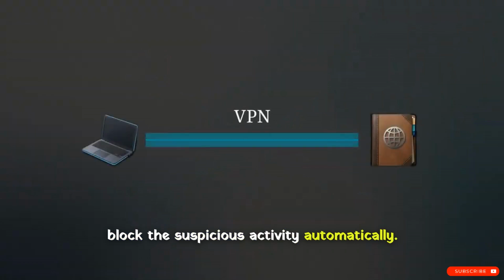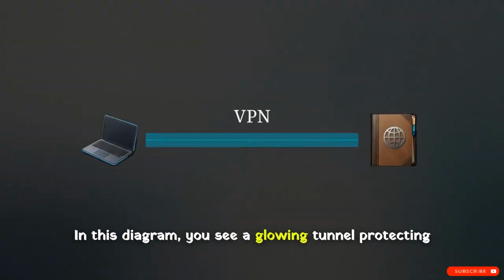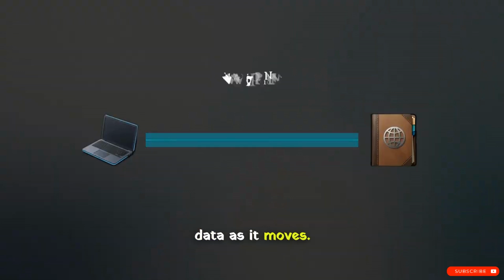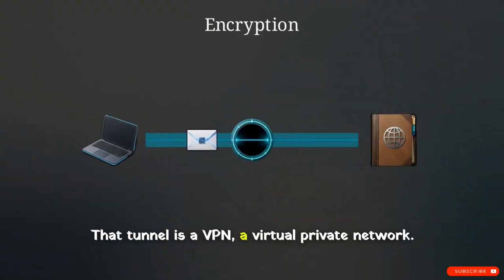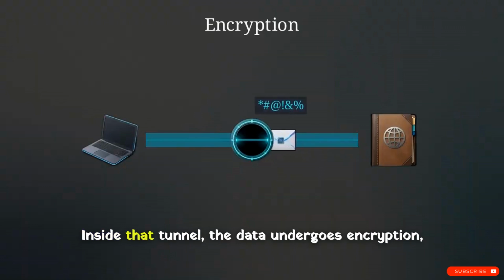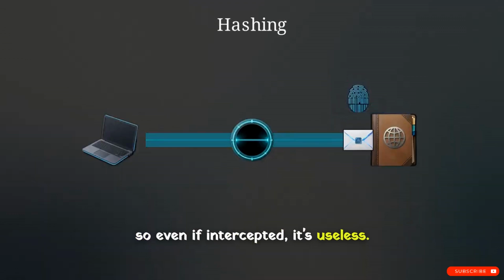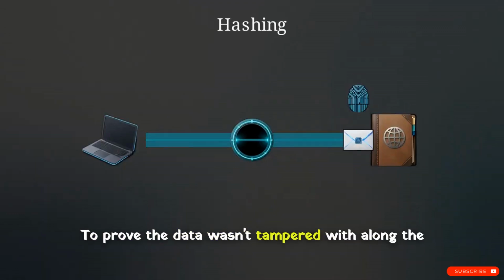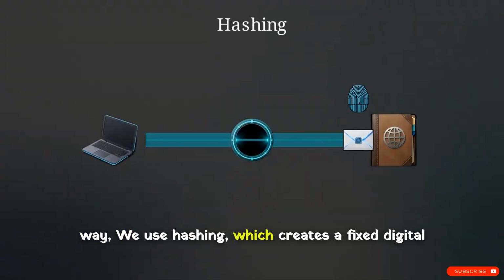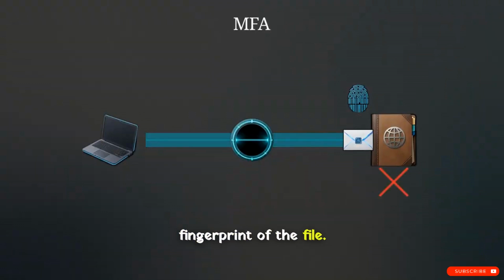In this diagram, you see a glowing tunnel protecting data as it moves. That tunnel is a VPN, a virtual private network. Inside that tunnel, the data undergoes encryption, meaning it gets scrambled into an unreadable code, so even if intercepted, it's useless. To prove the data wasn't tampered with along the way, we use hashing, which creates a fixed digital fingerprint of the file.